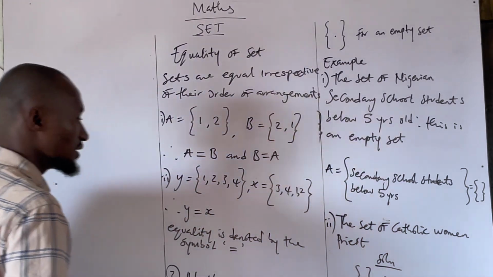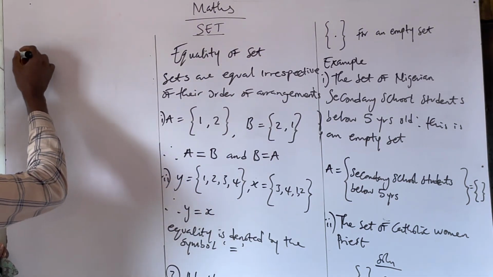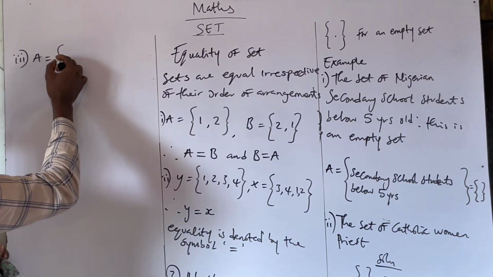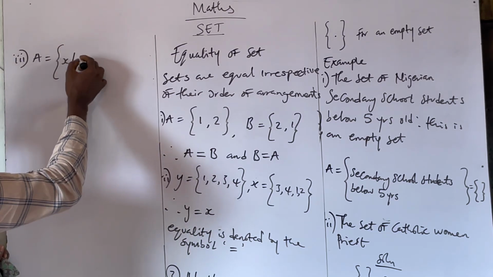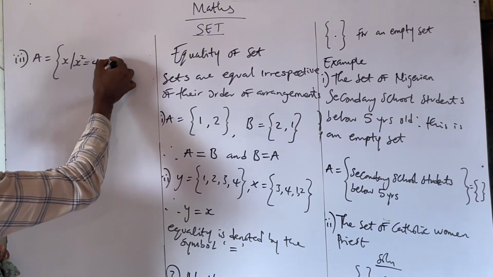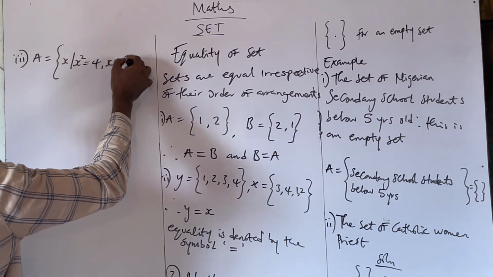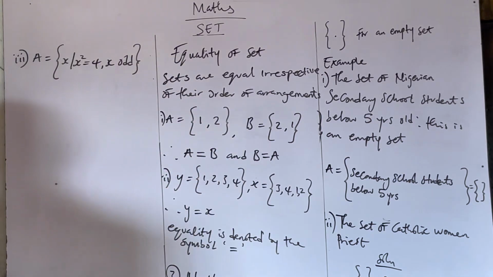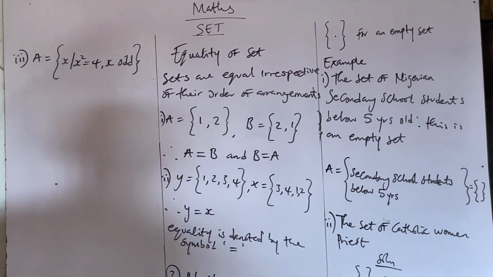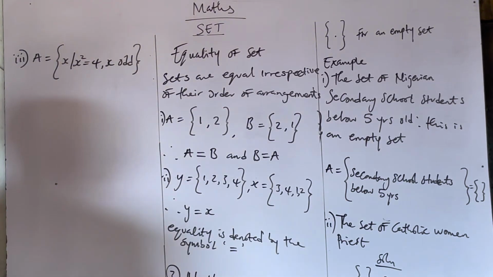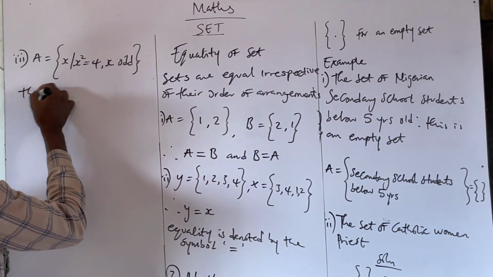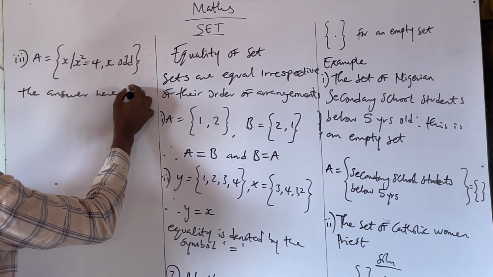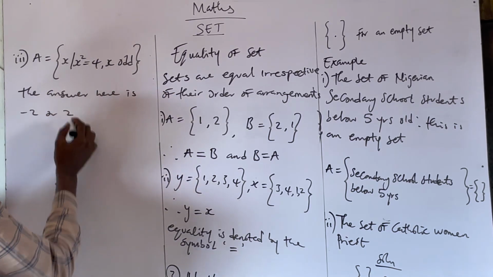Next example, example three. You can say A is equal to the set of x such that x squared equals 4, then x is odd. Here, the answer is -2 or 2, right?